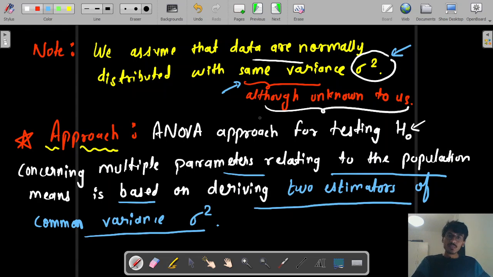So whatever m number of populations we have, the variance for all of them is the same, even though it is unknown to us. Now the ANOVA approach says that it is based on deriving two estimators of this common variance, and the entire theory revolves around estimating these two estimators.